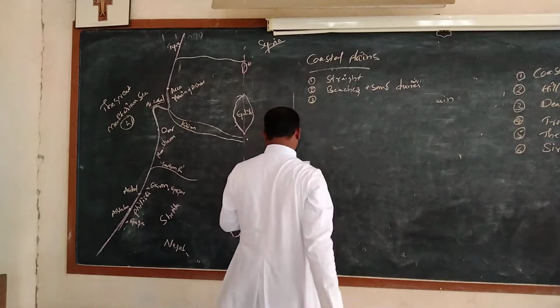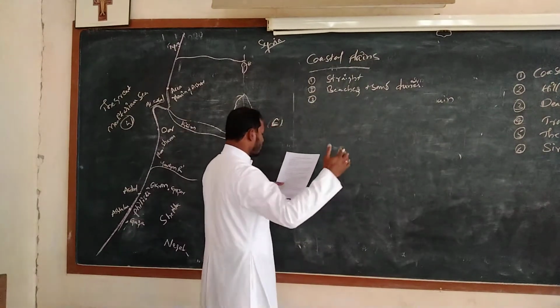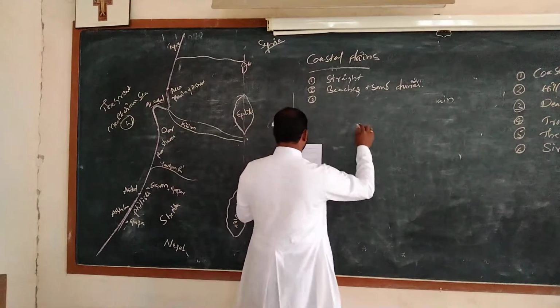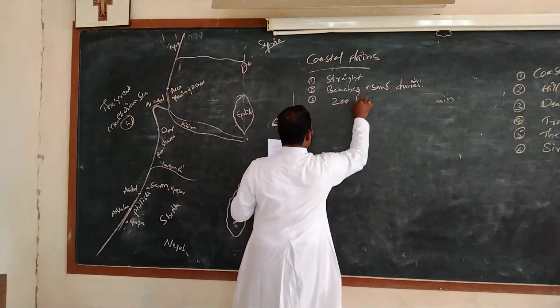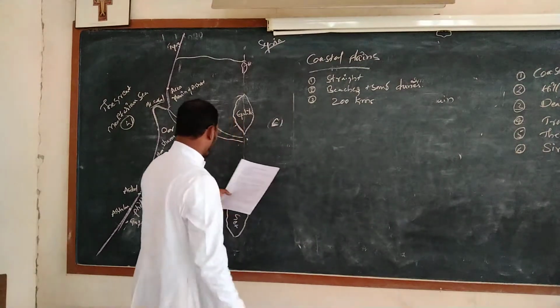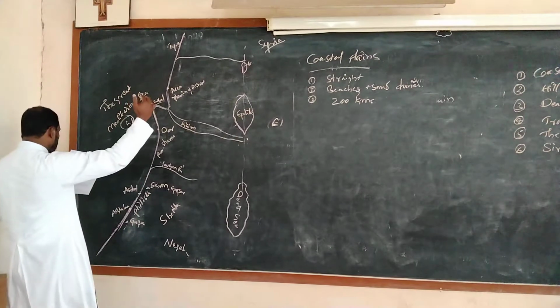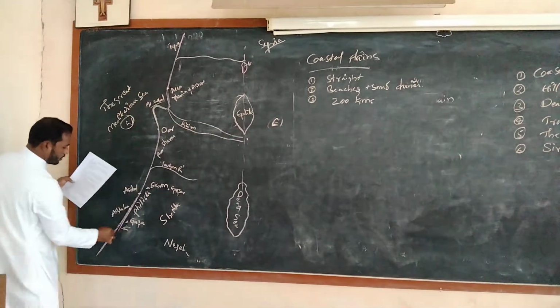Thirdly, the coastal plain spreads more than 200 kilometers from north to south, from Tyre to Gaza Strip.